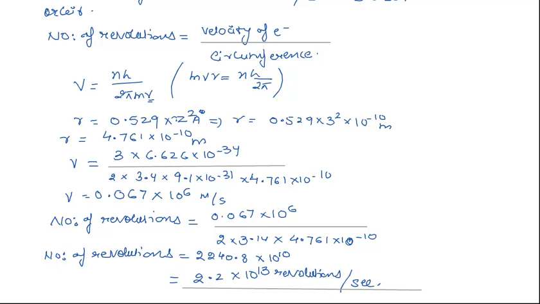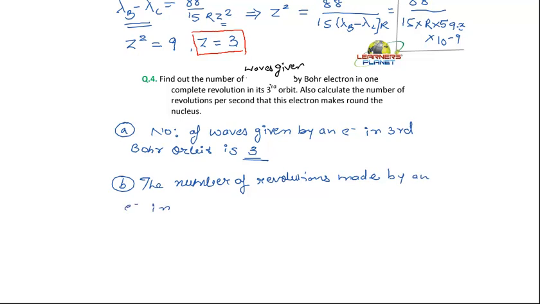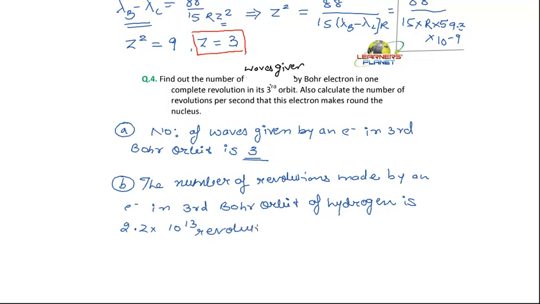This was our first part, and our second part was the number of revolutions made by an electron in third Bohr orbit of hydrogen, which is 2.2 into 10 to the power 13 revolutions per second, right?